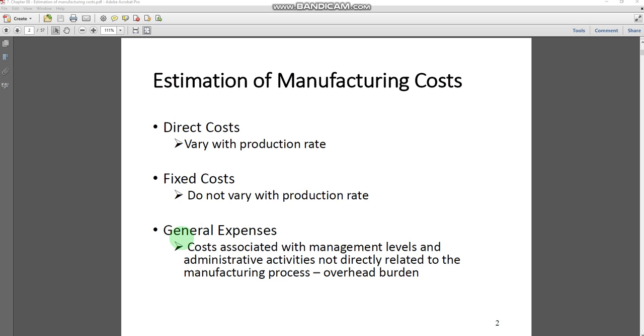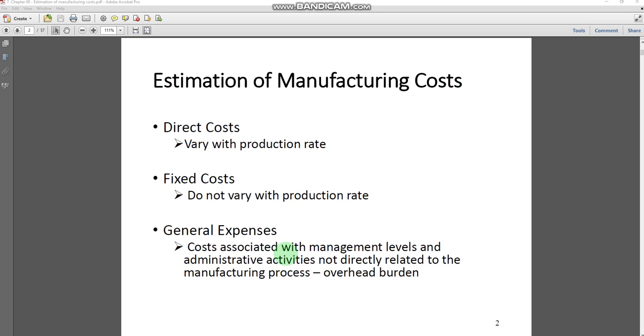The number three category is the general expenses. It will include the cost associated with the management levels and administrative activities not directly related to the manufacturing process, and it can be called the overhead burden. In these general expenses, we can include the management cost.